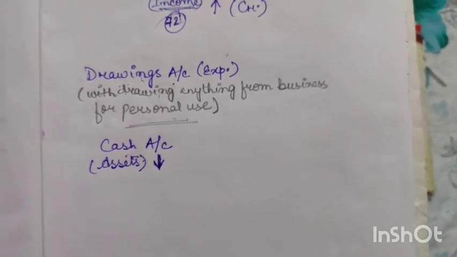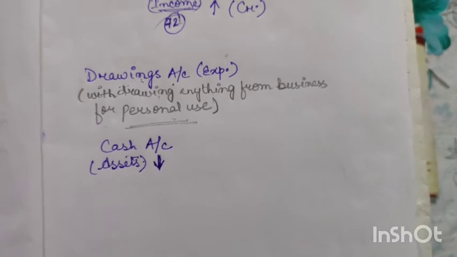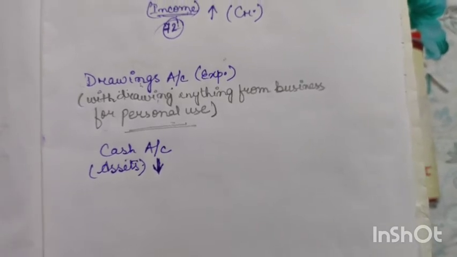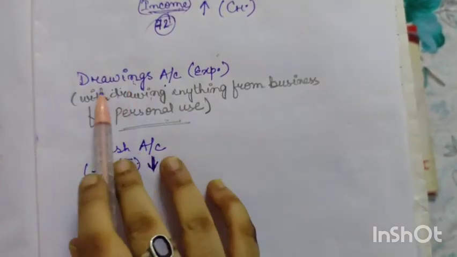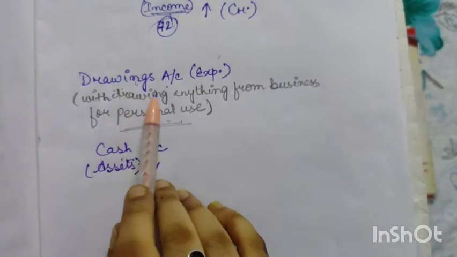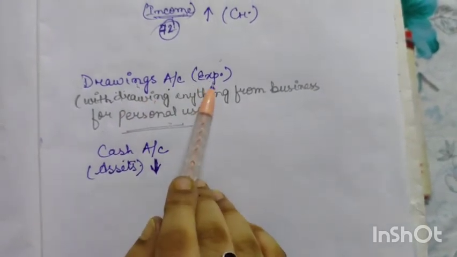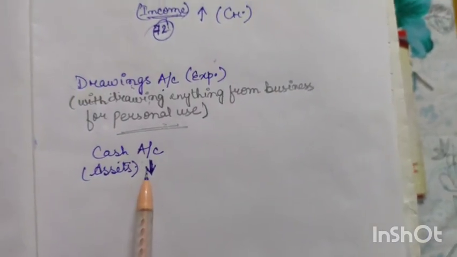Are we using the money for business use? Are we going to get any return from it? No, we are not going to get any return from it. So that is why drawings is an outside expense. Okay, so we will call it an expense. And since we have taken out the money, obviously our cash balance will decrease.